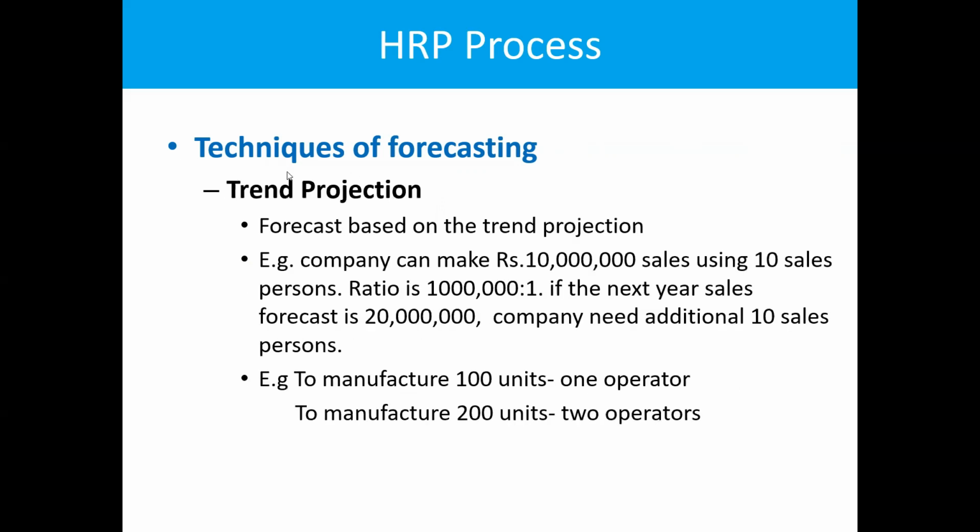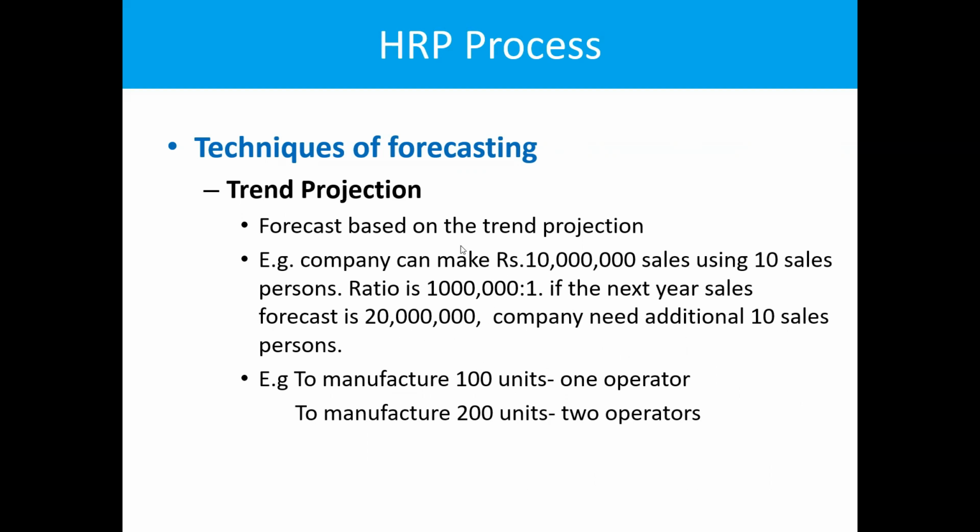Right. So we have another technique, trend projection. So the forecast is based on the trend projection. For example, a company can make 1 million sales using 10 salespersons. Then the ratio is 1 million to 10. If the next year's sales forecast is 2 million, the company needs an additional 10 salespersons.